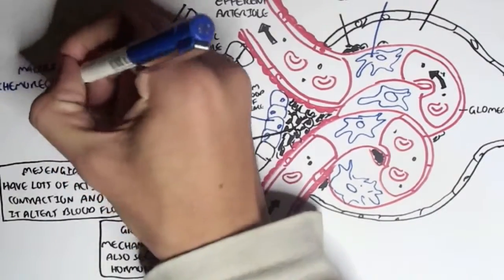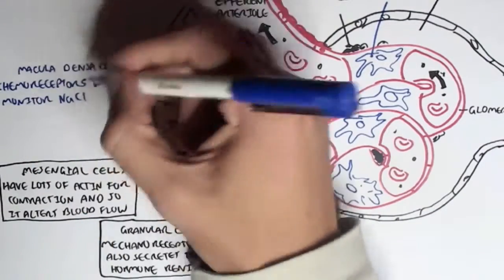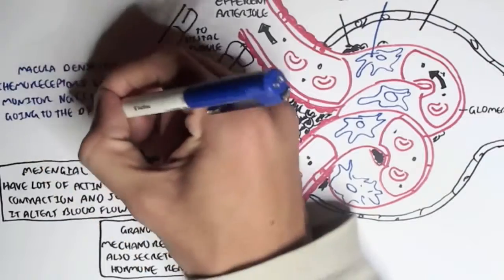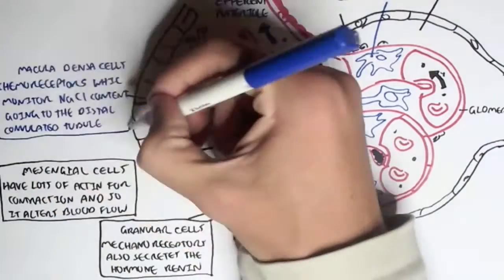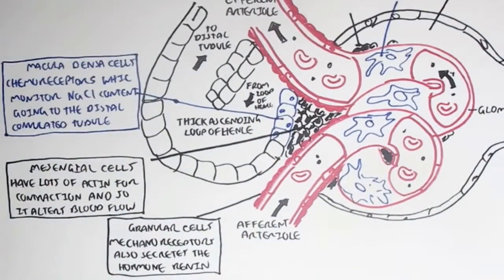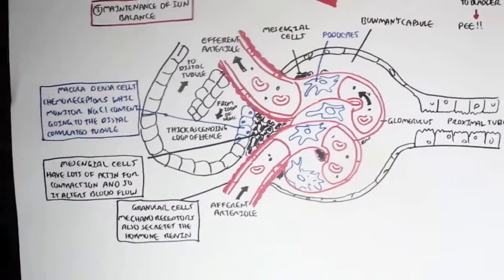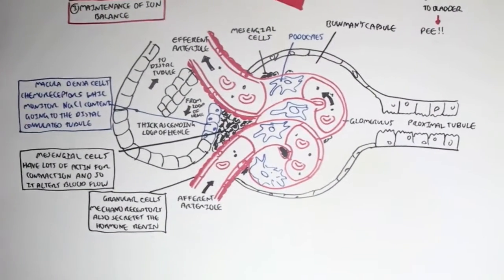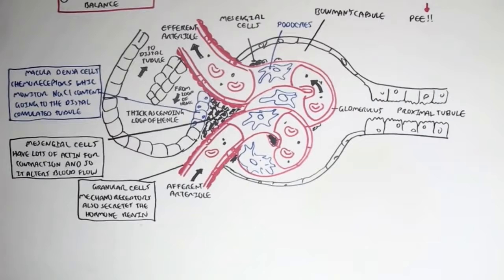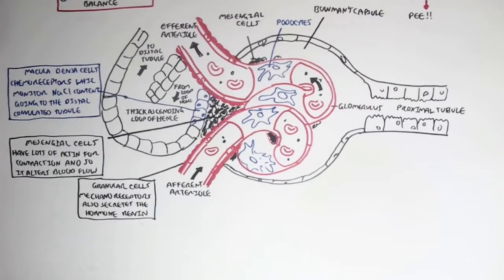These cells are known as macula densa cells, and they are like chemoreceptors, which monitor sodium and chloride content going into the distal convoluted tubules. So if there's too much or too little, it will alter the absorption, reabsorption, and secretion of these ions. It might all sound very confusing now, but I hope later on this video will shed some light on this confusion.